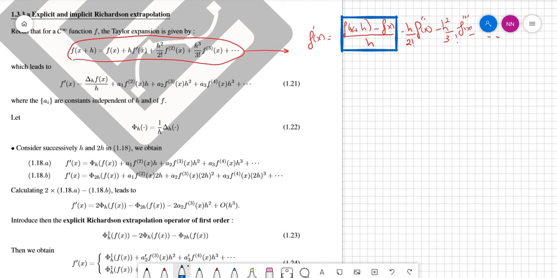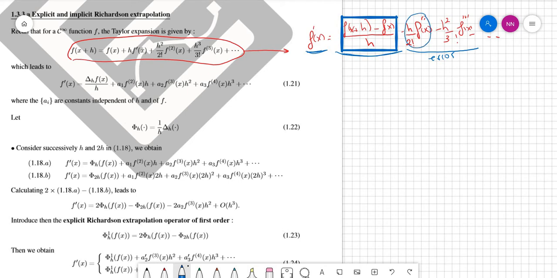So h is equal to x_{i+1} minus x_i, and f of x plus h minus f of x is y_{i+1} minus y_i. So we can read this expression as follows: f prime is equal to this approximation plus this error term. This is the error term, which is led by the term in h.